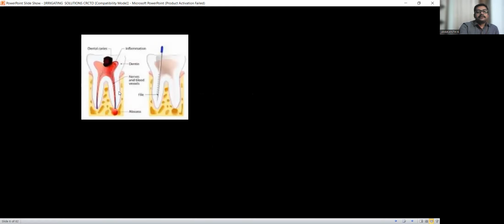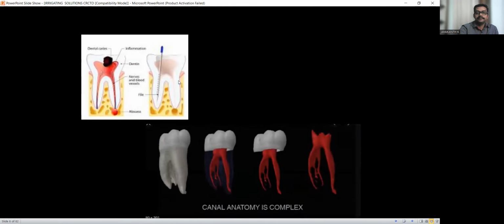So when you think of root canal anatomy, this may be the picture that comes to your mind. It looks like a very simple anatomy, simple or straight, something like this. But this is not the case actually.